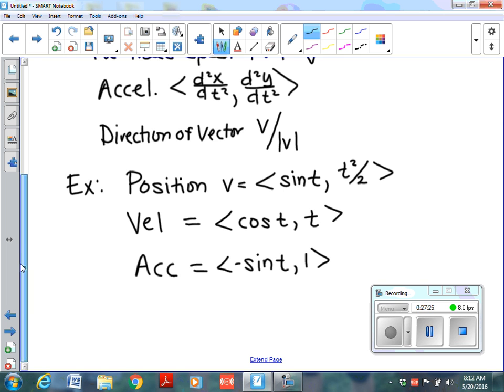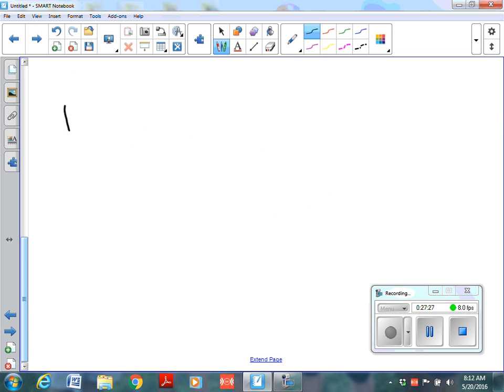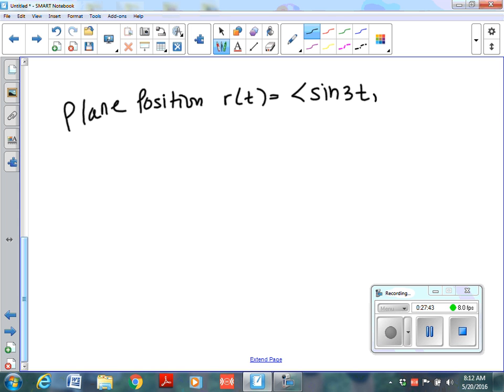For example, one more. If they're talking about a plane, and they give the position of the plane, and they call it r(t), or whatever they want to call it, as sine of 3t, cosine of 5t. And they want you to find the velocity and the acceleration.